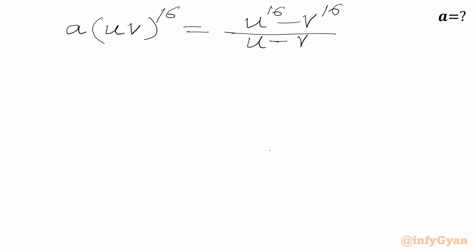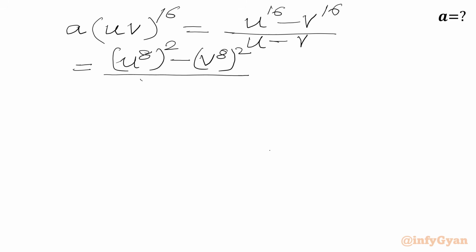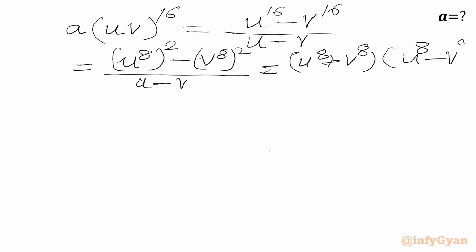Now we can use the difference of two squares identity. So we will write (u⁸)² − (v⁸)² in the numerator, and in the denominator we have u − v. Applying the identity, we get (u⁸ + v⁸)(u⁸ − v⁸) over u − v.